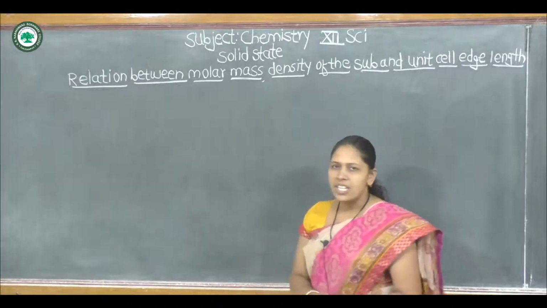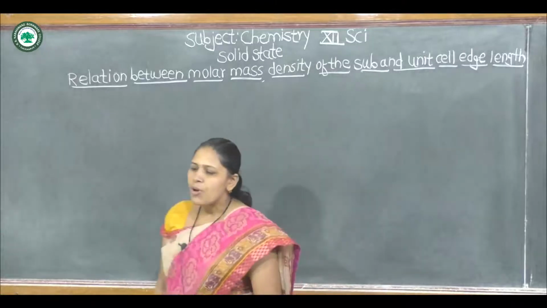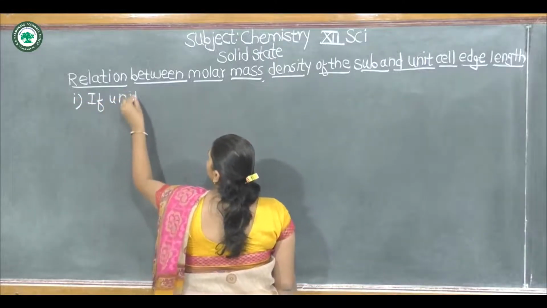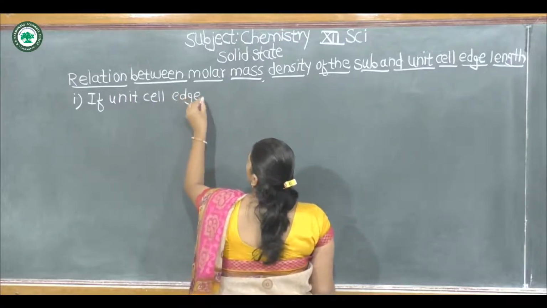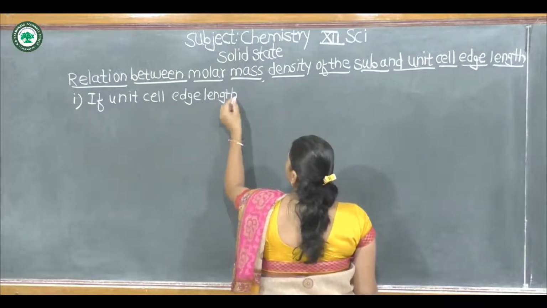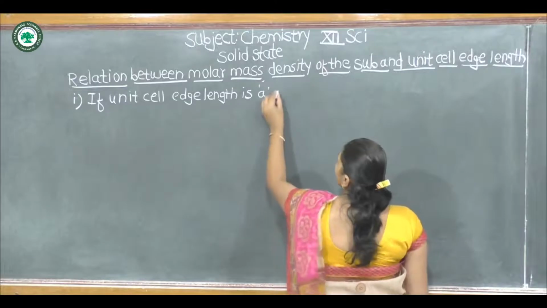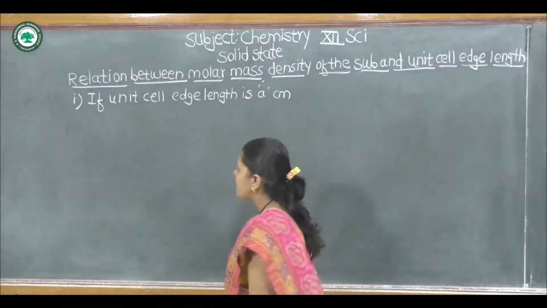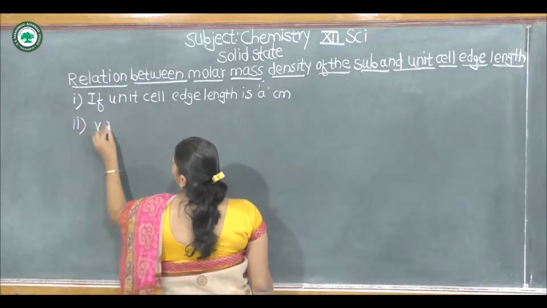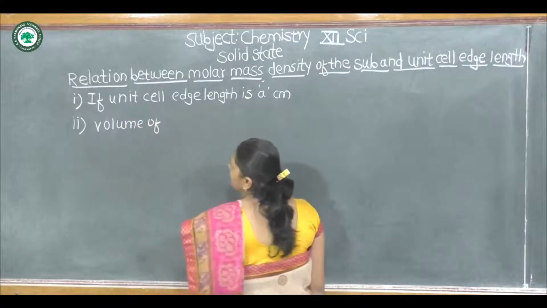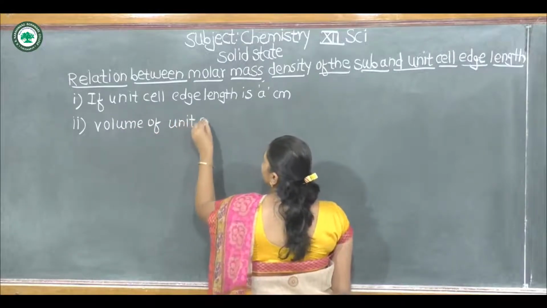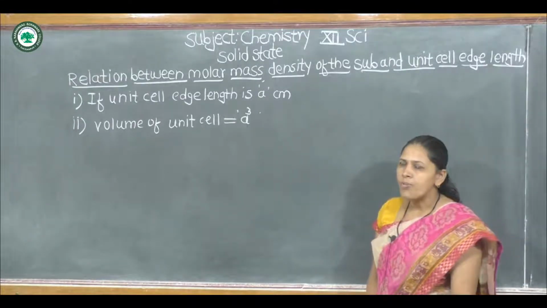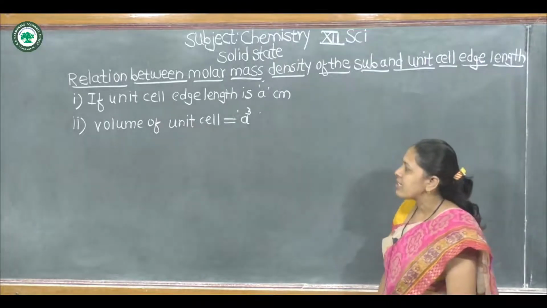Suppose the unit cell edge length is given as small a centimeter. Second point, the volume of the unit cell is equal to a cube, because volume is the cube of the edge length, that is a cube.